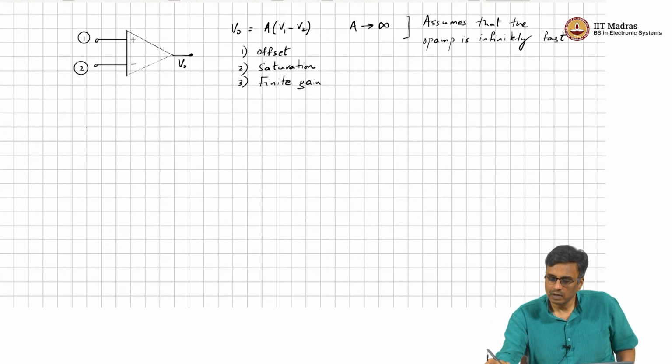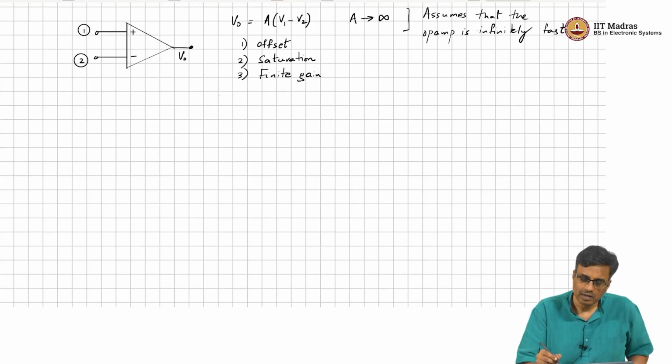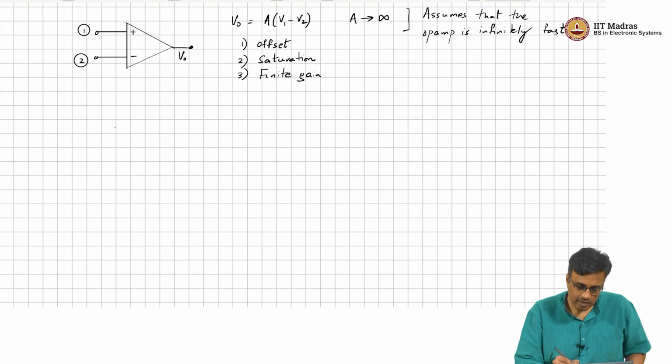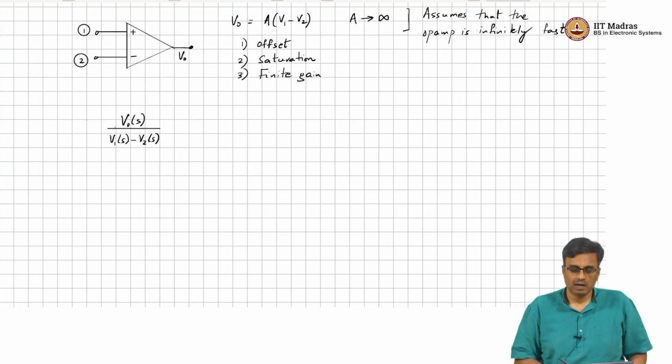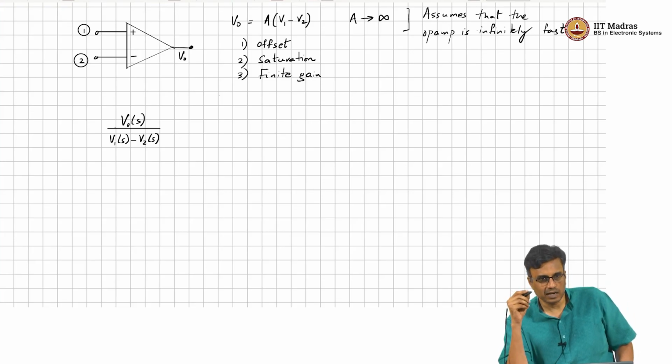So, it turns out that the actual model, going forward we will figure out why it is like this, but it just so turns out that VO of S by V1 of S minus V2 of S is not, as ideally we expected, A, where that A tended to infinity. It turns out that it is not.